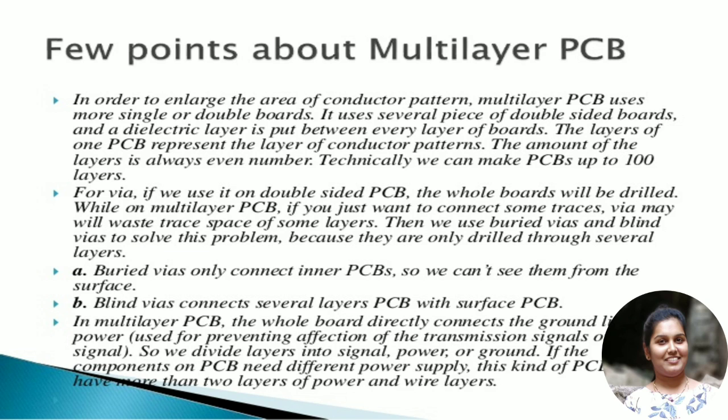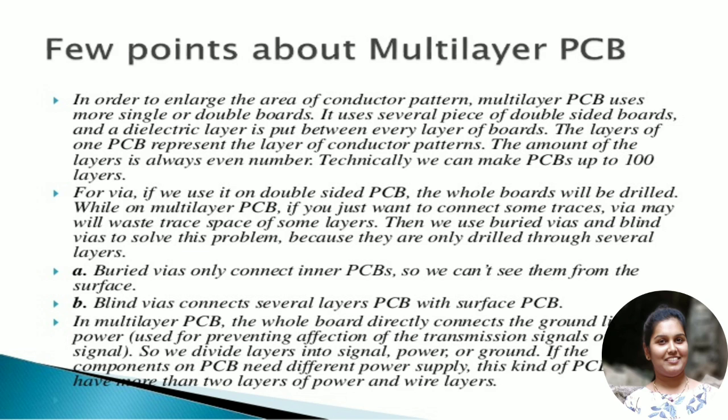In a multi-layer PCB, the whole board directly connects to the ground using the power line. So we divide the layers into several layers, like one layer used for signal, another for power, and another for ground.